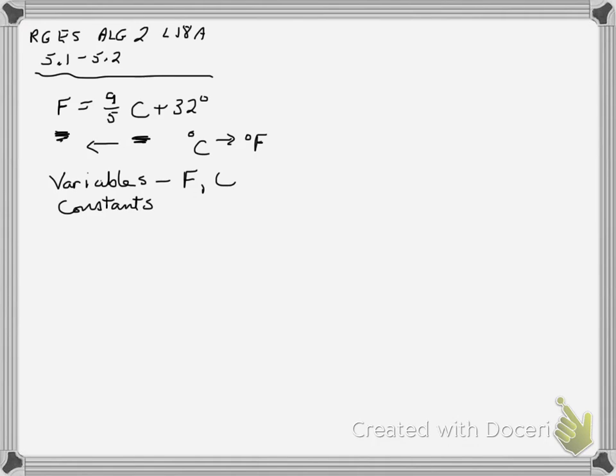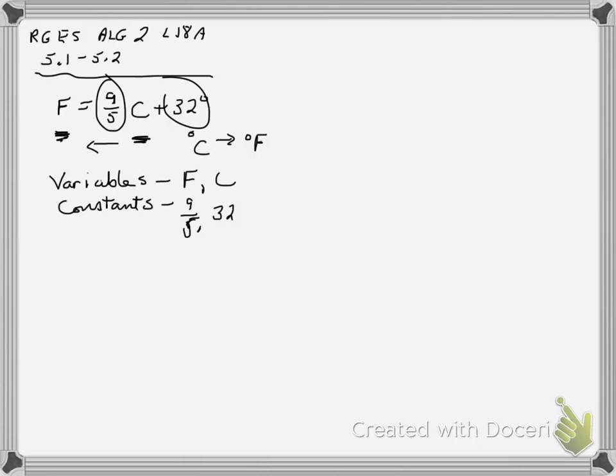Constants are numbers, and in this case our numbers are 9/5 and 32. This is a 5. So that part is fairly straightforward. I would expect you to know that from your previous algebra understanding.